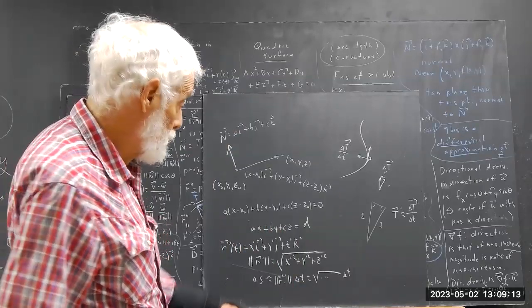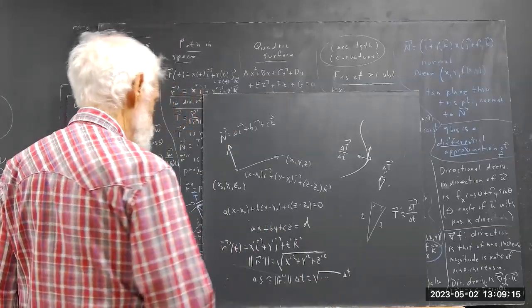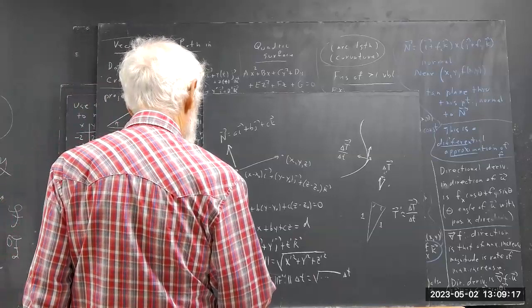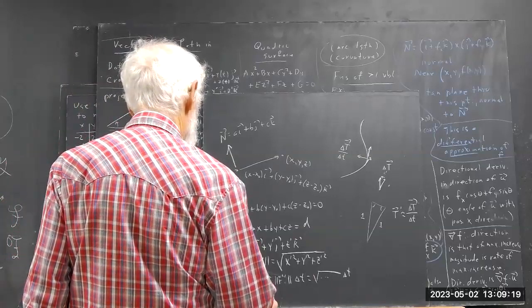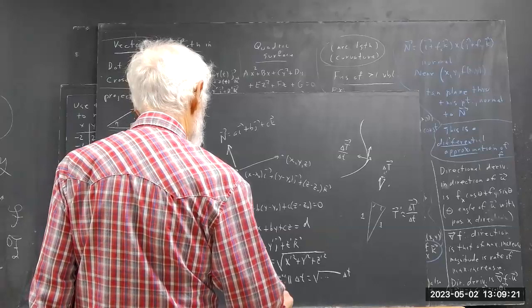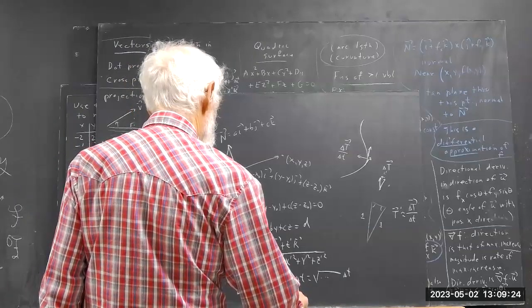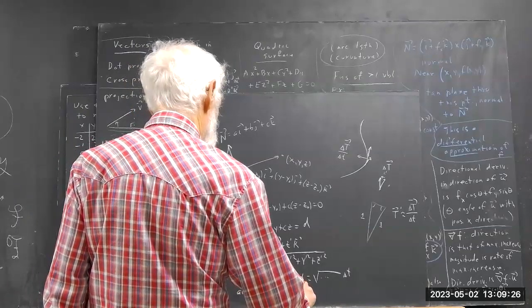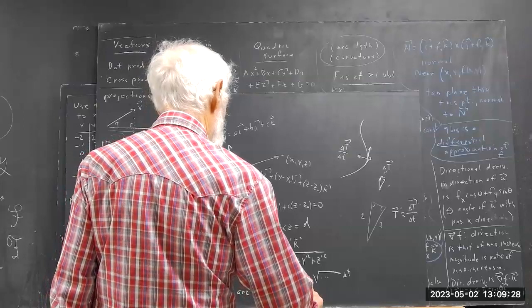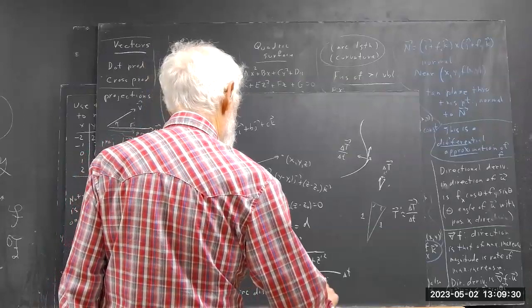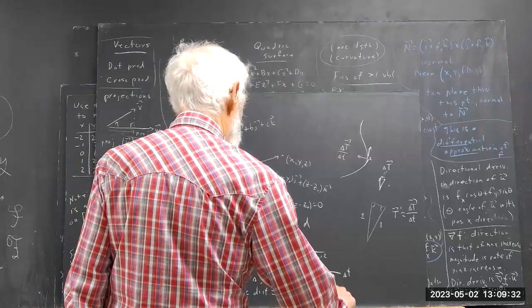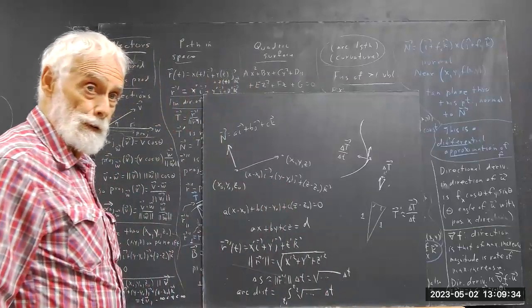So your arc length is going to be the integral from t1 to t2 of the square root times dt.